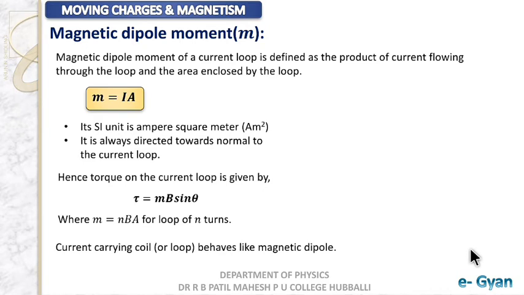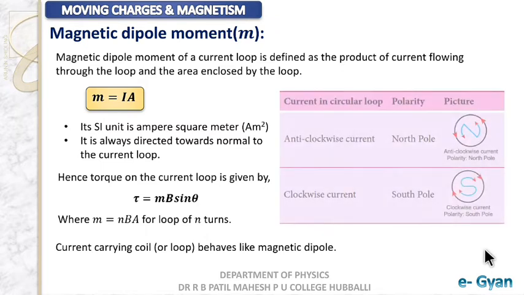A current carrying coil or loop will surely behave like a magnetic dipole, and we can try to see it with this figure here, and we can see both its poles. One is north pole, one is south pole.